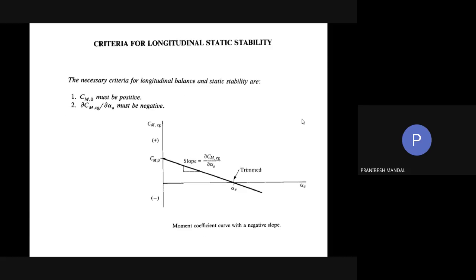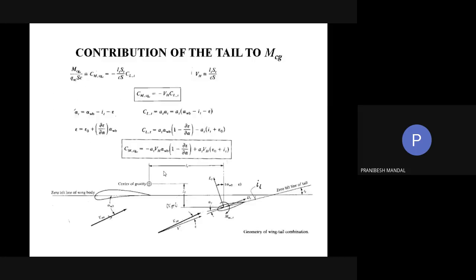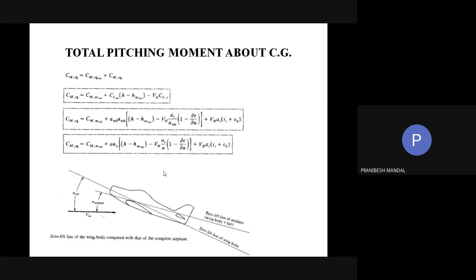What is CM0? CM0 is CMCG at alpha equal to 0. And alpha equal to 0 means lift equal to 0, isn't it? Yes, sir. So now you say, from this equation, can you predict CM0?